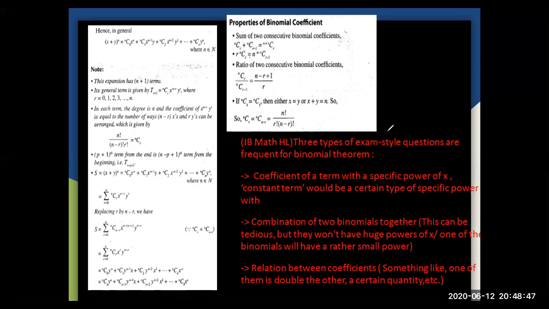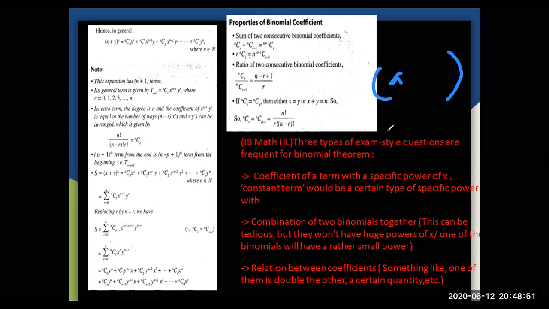But yeah, you have a second type, where you have two binomials being multiplied with each other, and one of them will have a small power. We'll have IB style questions for each of them in the next slides.